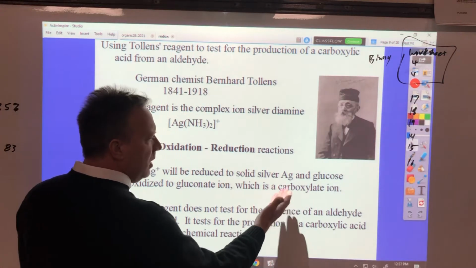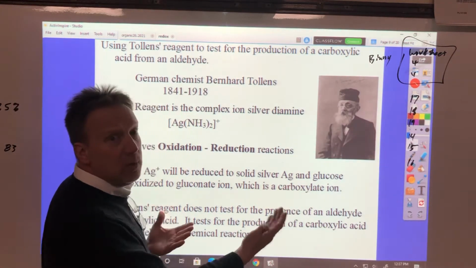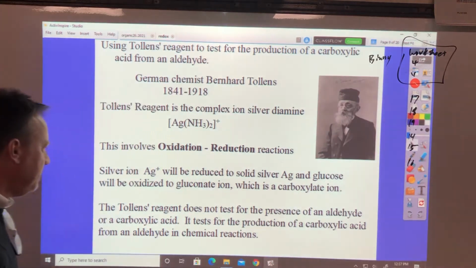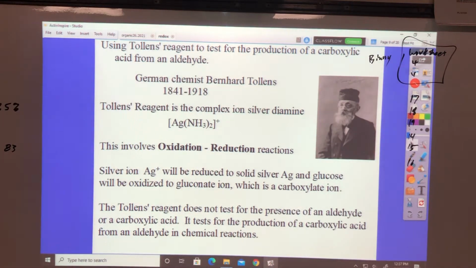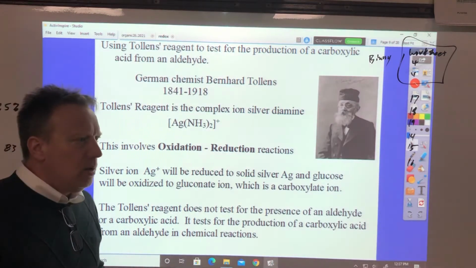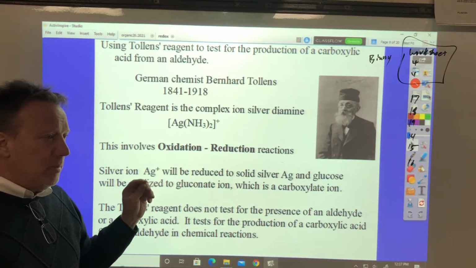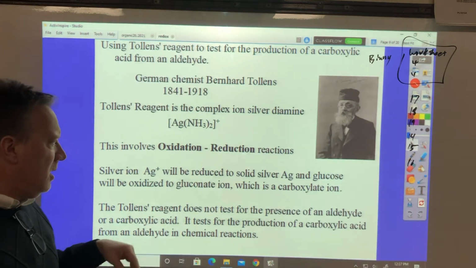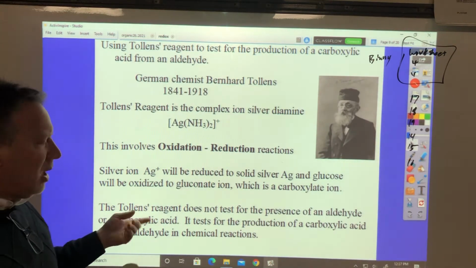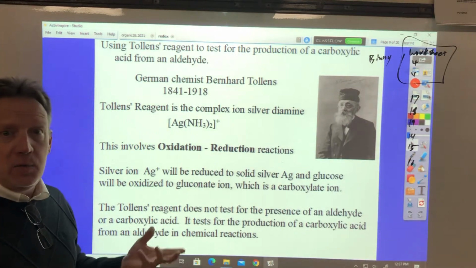It's just a matter of whether or not it's in an acid or a base environment, and whether or not the hydrogen is sticking to it. So Tollens' reagent does not test for the presence of an alcohol or a carboxylic acid directly. You couldn't, for example, put the Tollens' reagent in a carboxylic acid, nothing would happen.